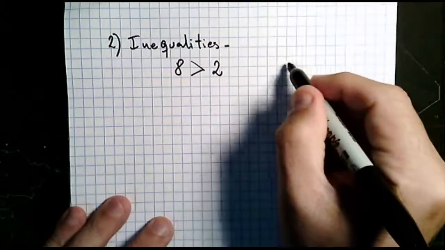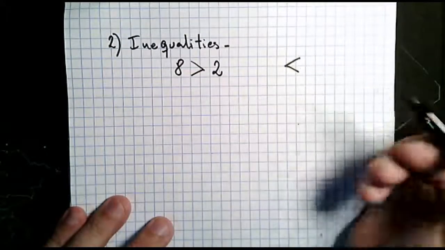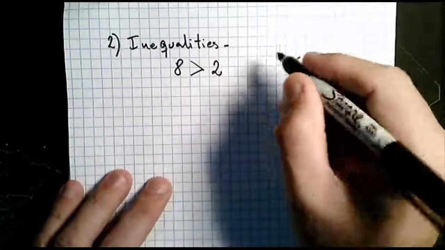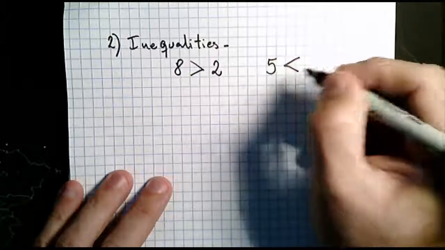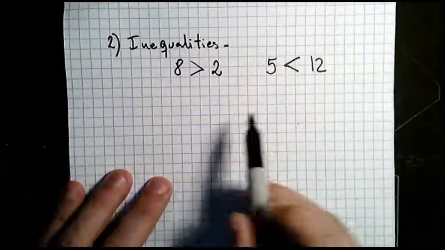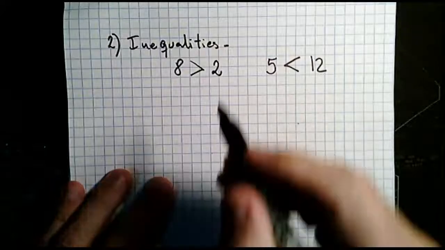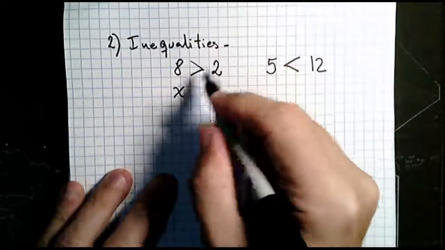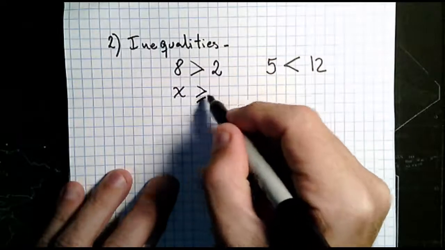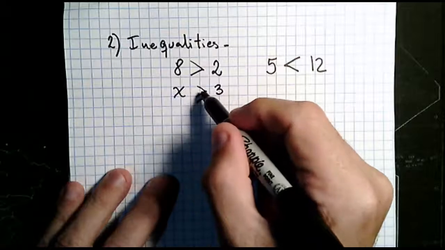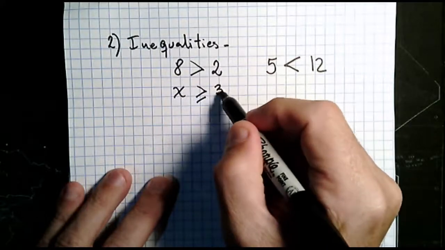If the sign is going in another direction, the meaning of that is less than. For example, the number 5 is less than 12. We know this one from before. If I add, for example, x is greater or equal than 3, that is all the values greater or equal than 3.